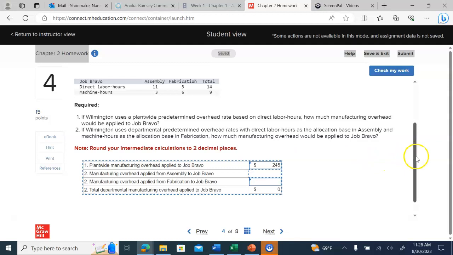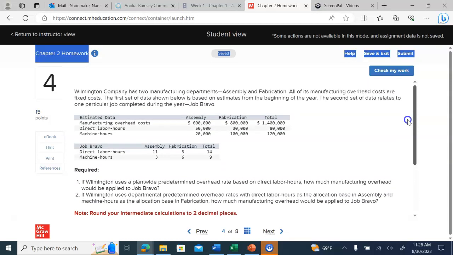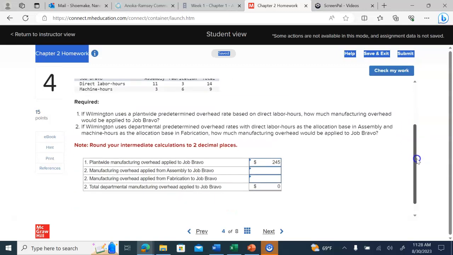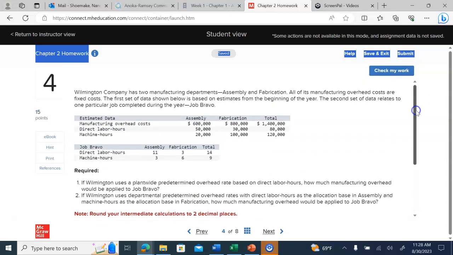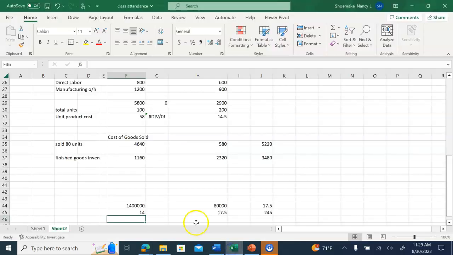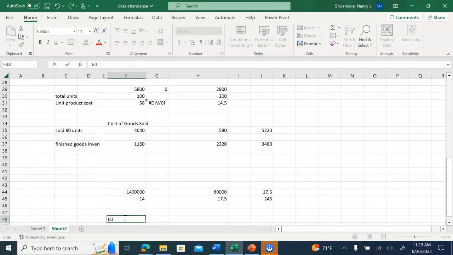Then if we separate it and do manufacturing overhead from assembly to Bravo, we've got assembly of $600,000 divided by 50,000, right?